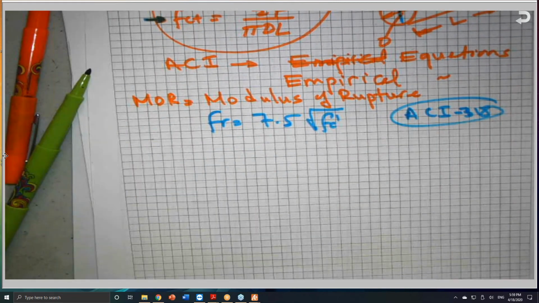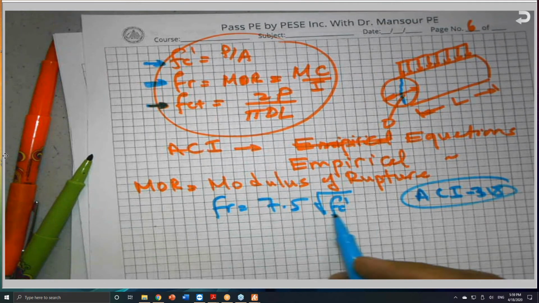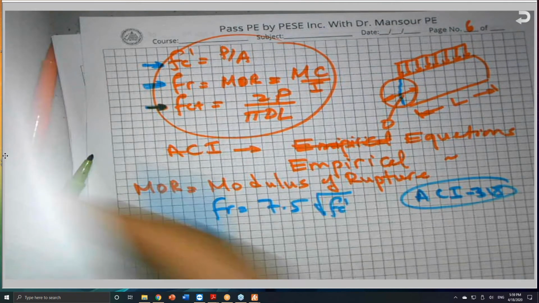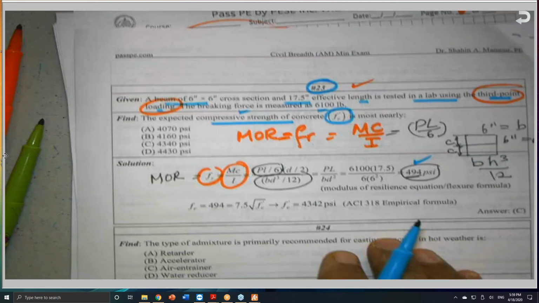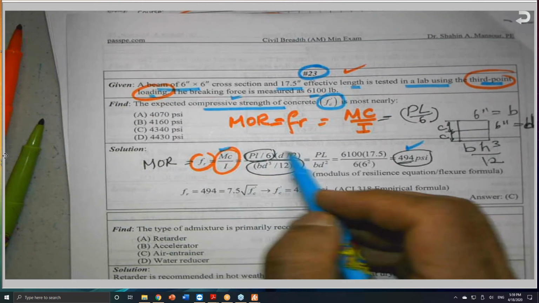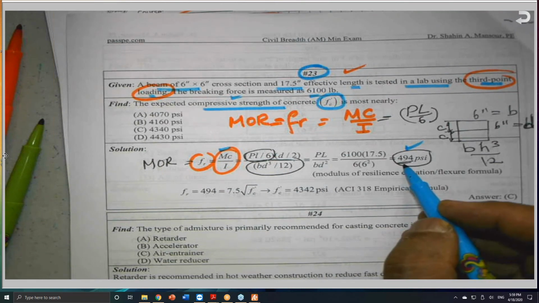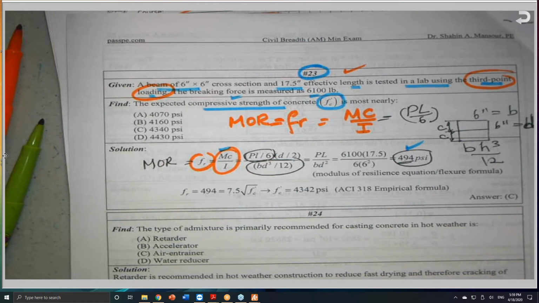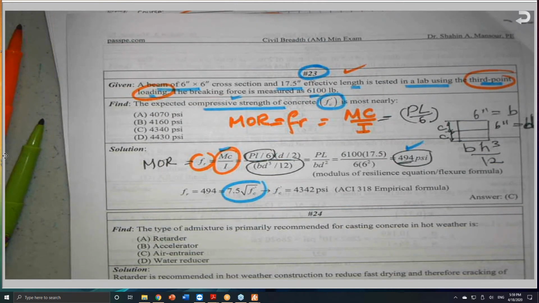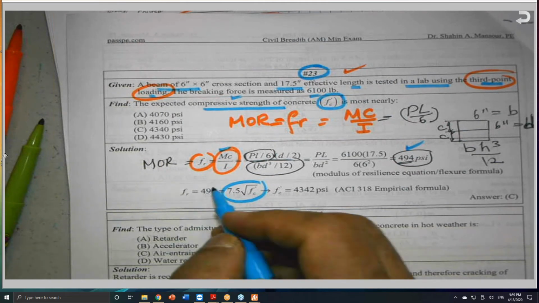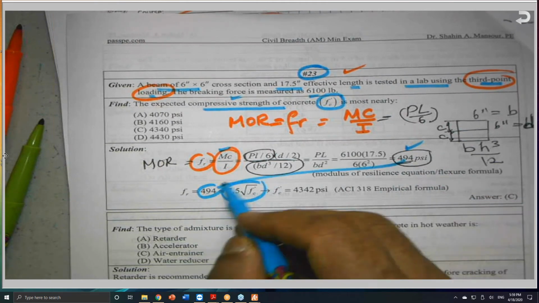So if I am able to calculate the modulus of rupture, the F sub R, from MC over I, which I did, and we substitute for the moment and for the C and for the I, and we get this 494 psi, I can use this relationship, which is the empirical formula, where 494 we just calculated.